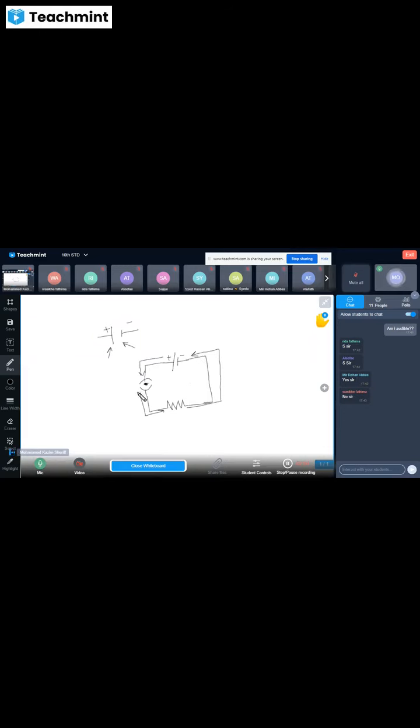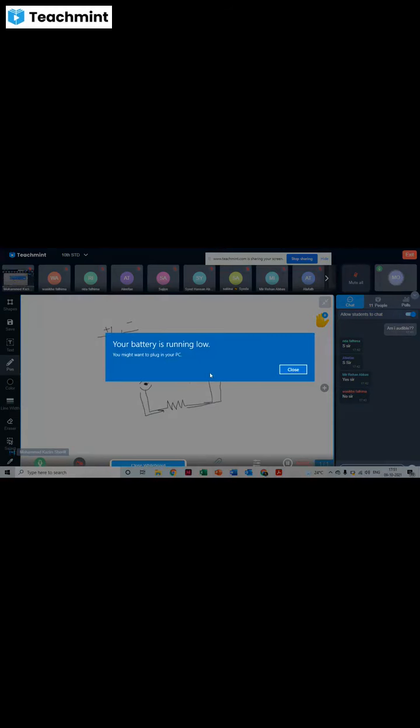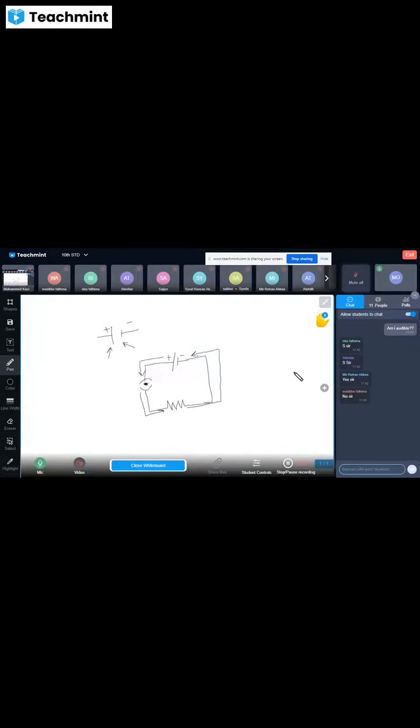And then if you want to measure the current, consider, let's say, this is the resistor. If I want to measure the voltage, or the potential difference, I will use something called a voltmeter.